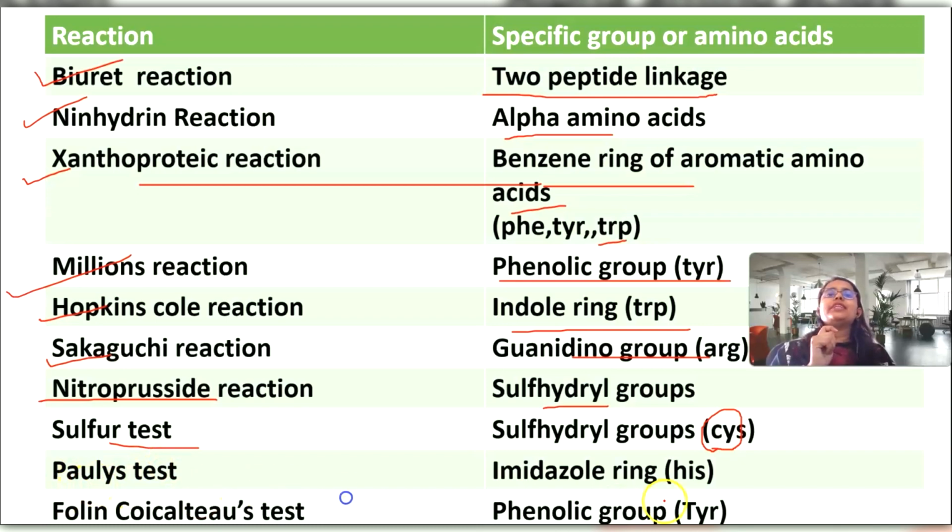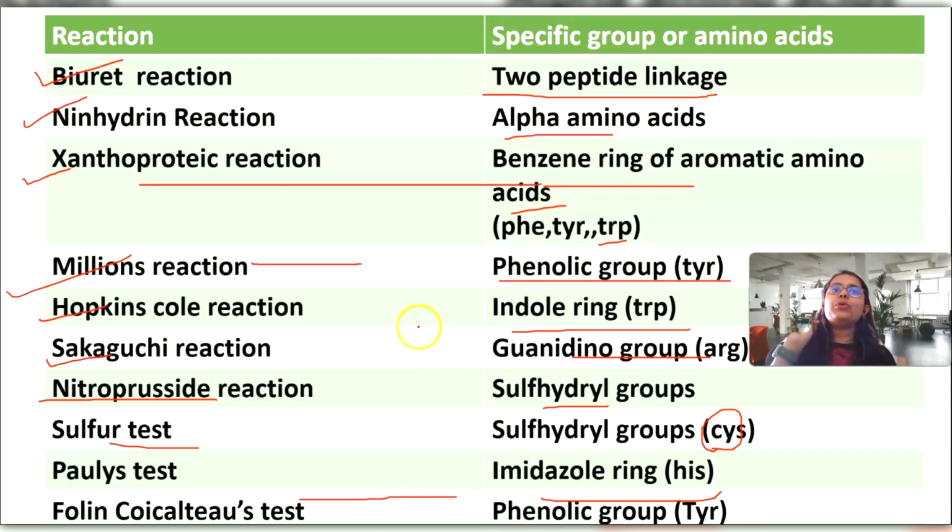Then the Pauly test, for identification of the imidazole ring, which is present in histidine. And the last one, the Folin-Ciocalteu test, for the phenolic group identification, that is tyrosine containing a phenolic group. So here, all reactions are very important, but if you don't want to get confused, then remember Millon's reaction, phenolic group again, and the Folin-Ciocalteu reaction for the phenolic group again.